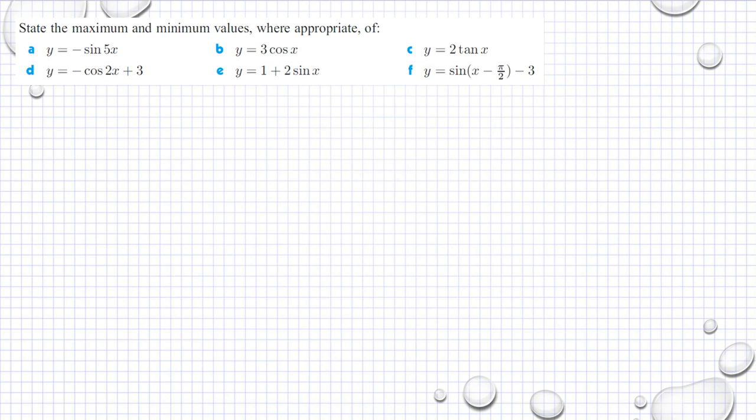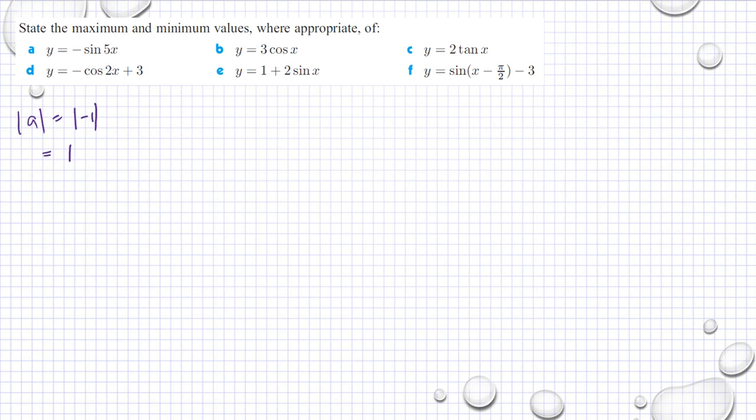Okay, some more examples. Maybe this is the last one. State the maximum and minimum values where appropriate. We have the minimum values, then maximum values. Then we need to find the amplitude first. So our amplitude A is equal to the absolute value of -1, then it is 1.